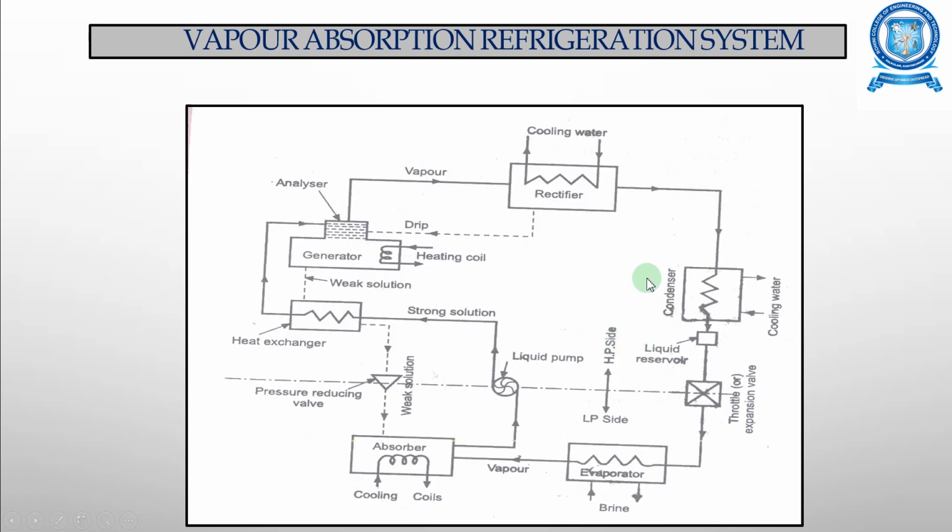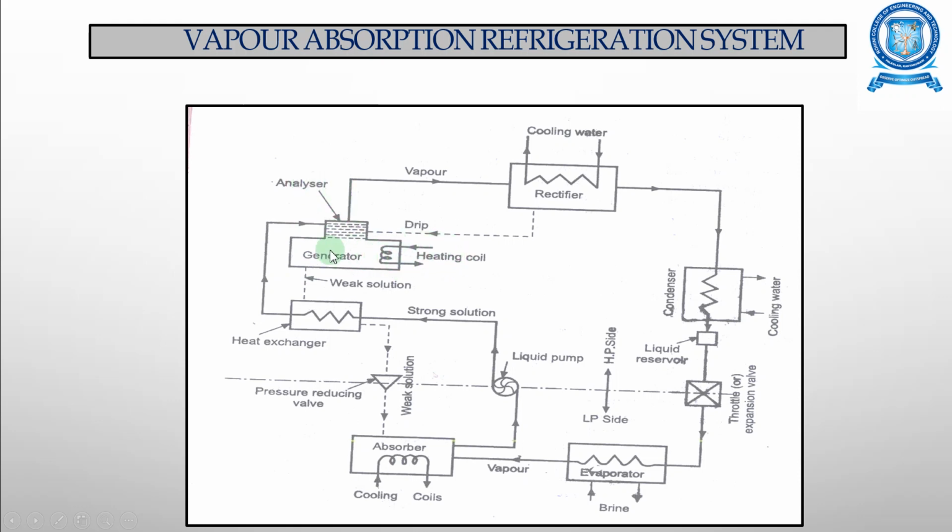And this is the layout of the vapor absorption refrigeration system. You can see here you have an evaporator, an absorber unit, a liquid pump, a pressure reducing valve, heat exchangers, and a generator in which you have the analyzer and the heating coil.